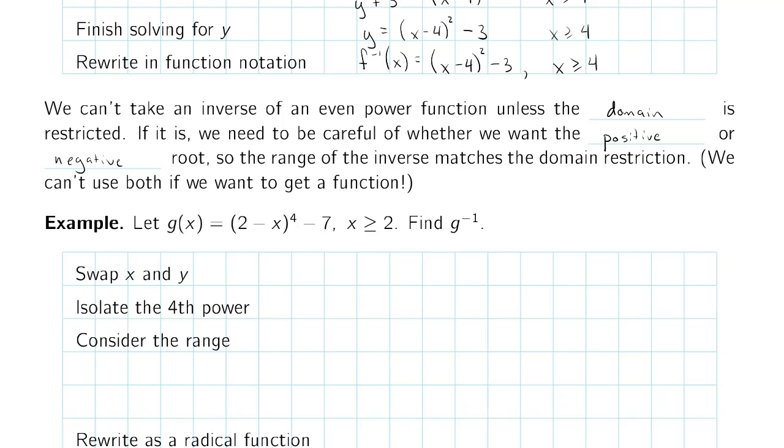We can't have both the positive root and the negative root, but we want the range of the inverse to be the same as the restricted domain of the original function. So let's see that happen in practice.